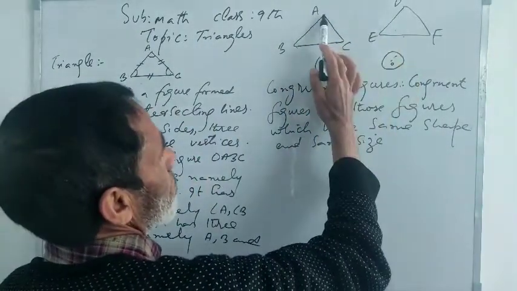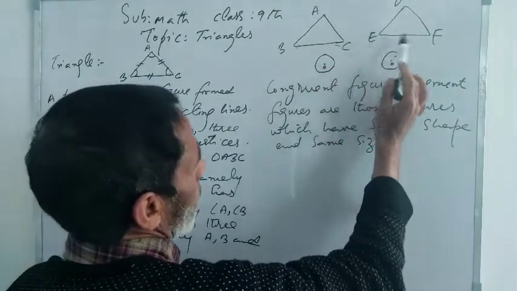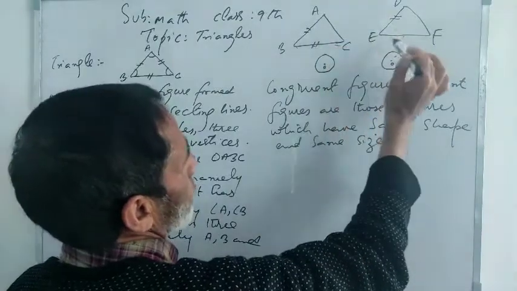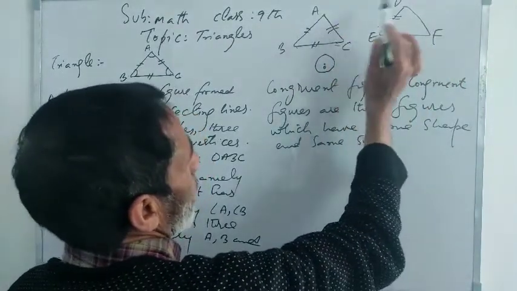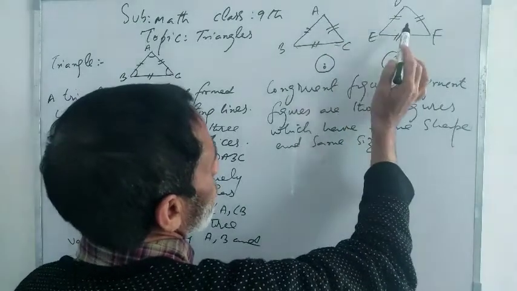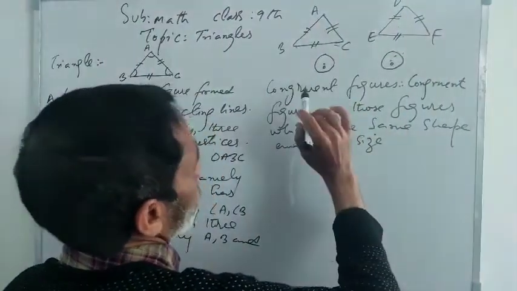That is, if this is triangle ABC and this is triangle DEF, and if AB side is equal to DE side, BC side is equal to EF side, and AC side is equal to DF side, we will say that these two figures are congruent.